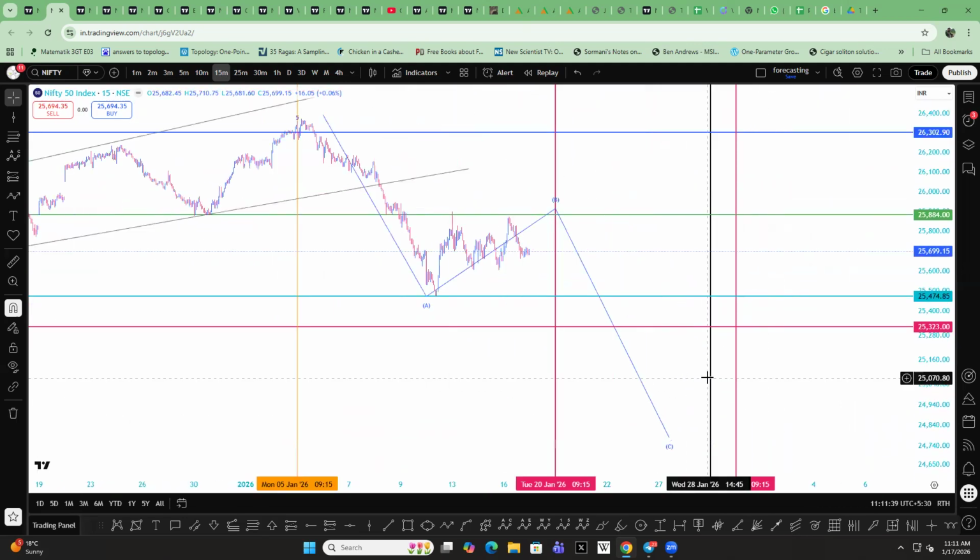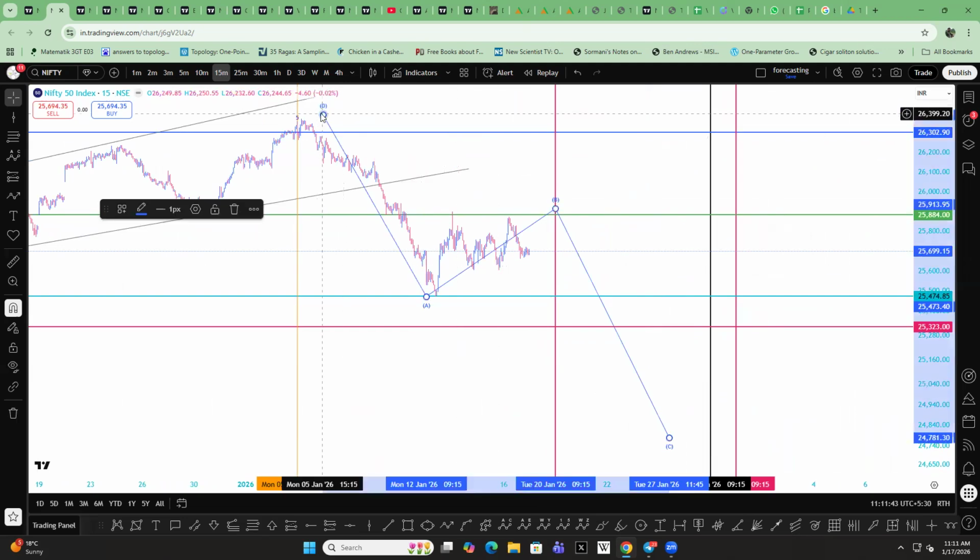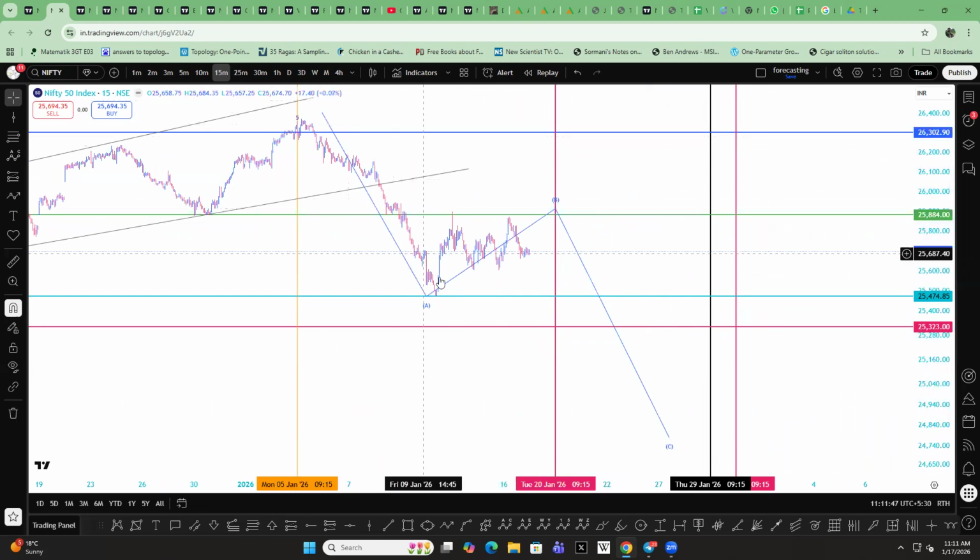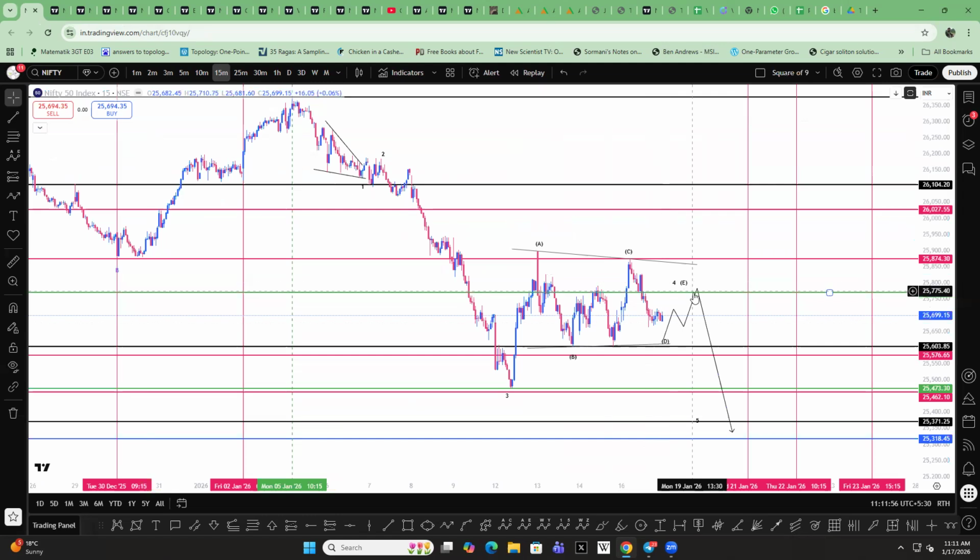Fine. So in any case, if we mix the two probabilities, you can find out easily that either we are in wave 4, in which case another up move should come to complete wave E in the form of this ABC 3-wave move.